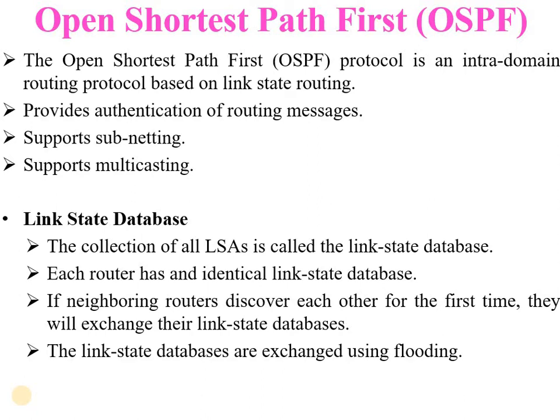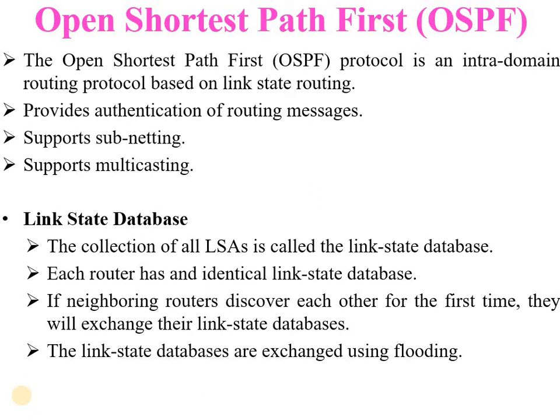Each router has an identical link state database, and if neighboring routers discover each other for the first time, they will exchange their link state databases. So when the network starts and is initialized, all the link state databases are shared between every node in the network.